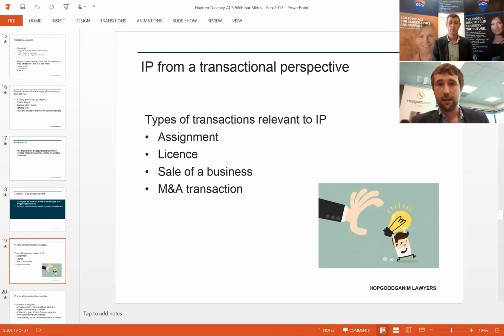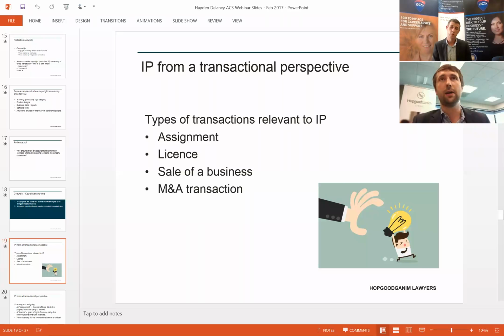Now, the other key type of transaction is a license. I might own IP and not want to sell it to someone else. I just want to grant them limited rights to do something with it. So I still retain ownership, but I grant someone a license to my IP. For instance, I grant you a license to take the binary of this particular software and install it on a specific device.